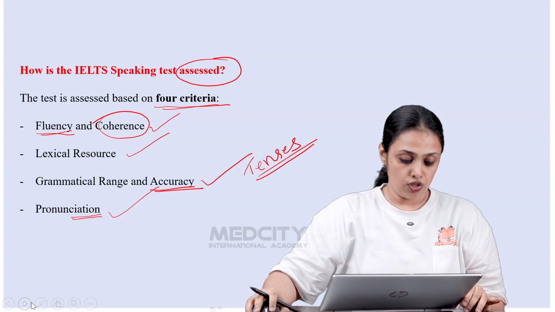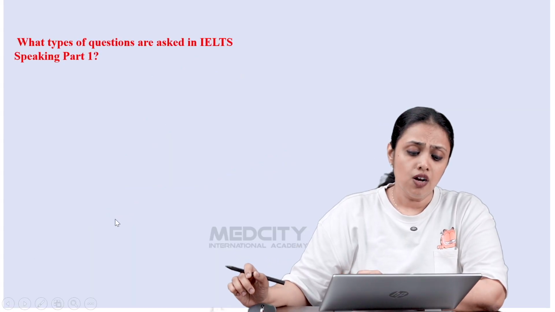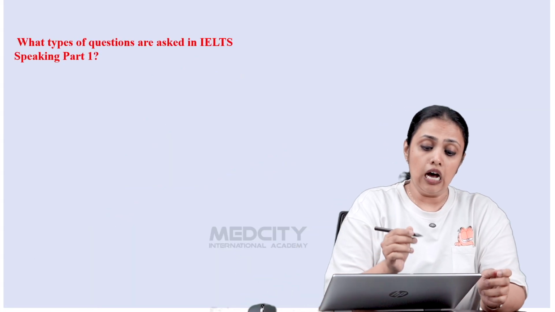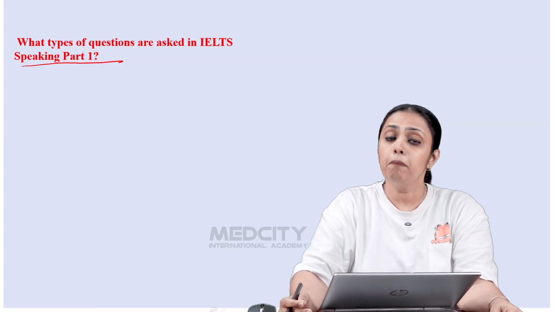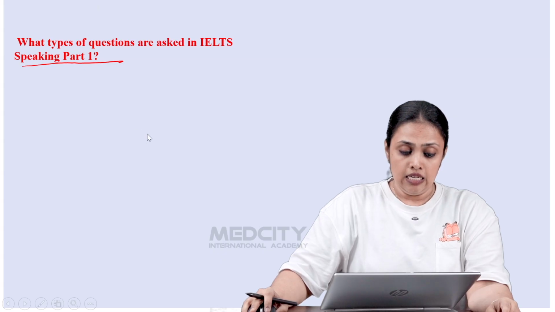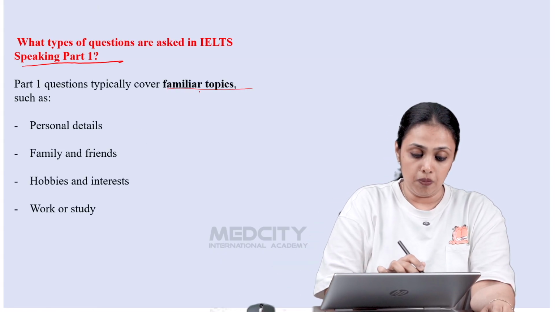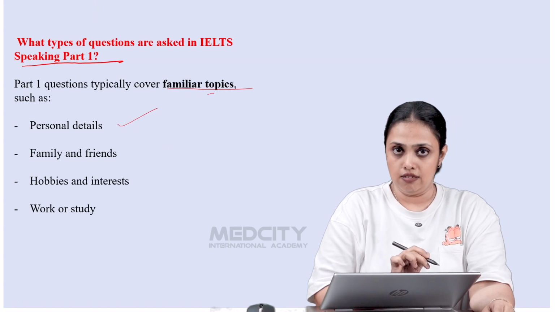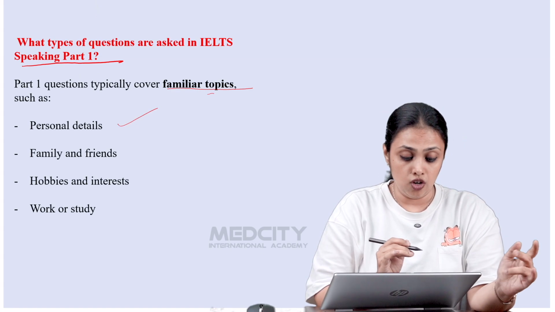Now let's move on to the next frequently asked question. What type of questions are asked in speaking part 1? What kind of questions do you get in part 1 of your IELTS speaking? I've already mentioned that. Part 1 questions typically cover familiar topics like personal details, where you come from, your hometown, whether you study or are working.